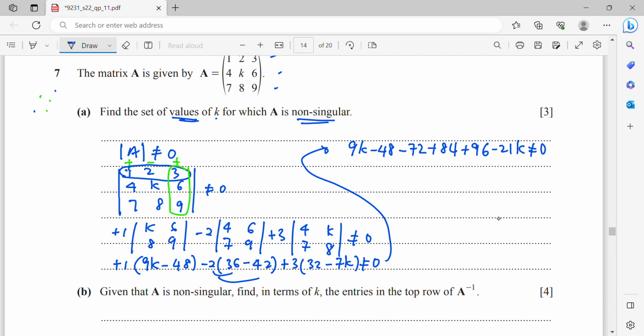When you get the total of the k terms, 9 minus 21k is minus 12k. Then the sum of the constants will be plus 60. It is not equal to 0. So from here, I know that 12k is not equal to 60. Therefore, k is not equal to 5. Okay, that's the solution for part A.